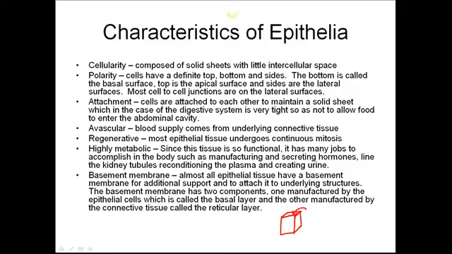There's a top surface, that's called the apical surface. A bottom surface, right? That's the basal surface. And the sides are the lateral surfaces. Now the apical surface is called an anatomical surface, which means it's exposed to air or a tube.